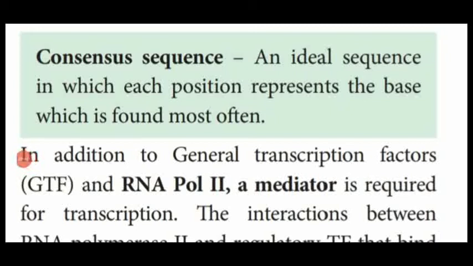Dear students, another sequence is also there. There is the consensus sequence. This is an ideal sequence in which each position represents the base which is found most often. That means this is the sequence. With the help of this DNA sequence, we are able to identify the positions of bases which are repeatedly located or often responsible for the transcription process.